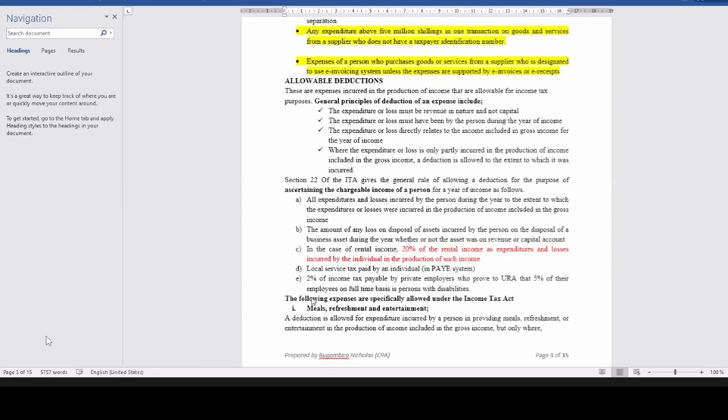Then for those regarding revenue, remember we are saying dispose of business assets during the year, whether or not the asset was of revenue or capital. That is regarding the revenue. For capital nature, here we look at capital gains. And this relates to non-depreciable assets, which is immovable property, mainly land and building.